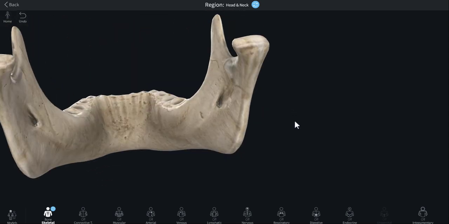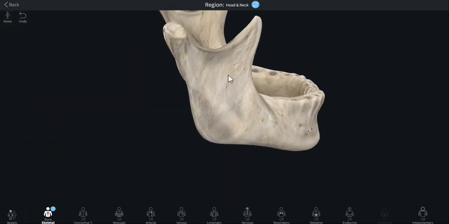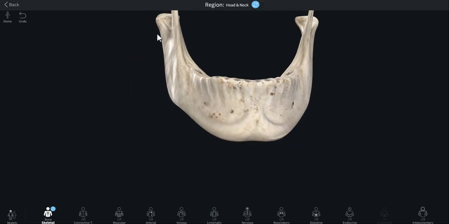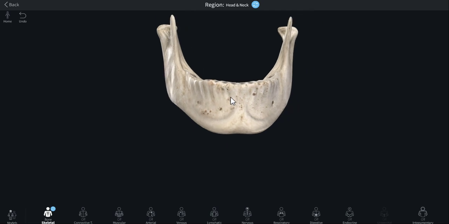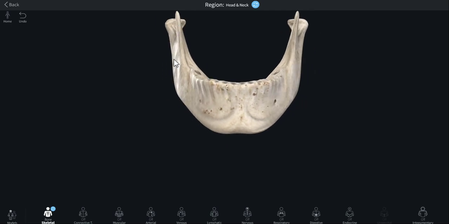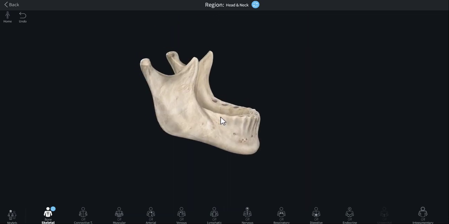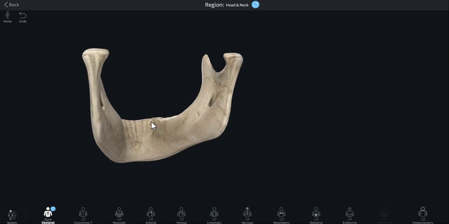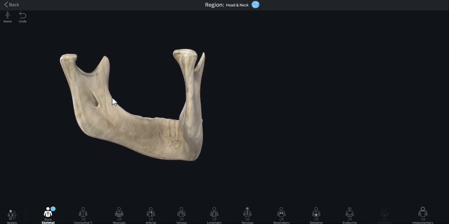Now, this is obviously what we call the external part of the ramus, or more precisely, the lateral surface of the rami, because anteriorly, obviously, this is laterally located. So this is the lateral surface. This is also the lateral surface. This is the medial surface. This is also the medial surface. All right. So the lateral surface and the medial surfaces.